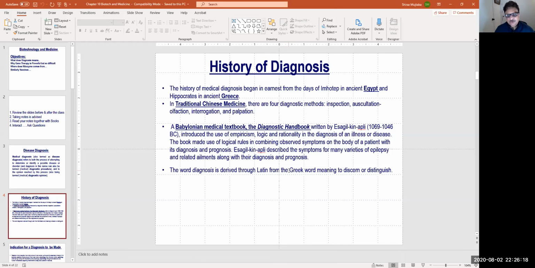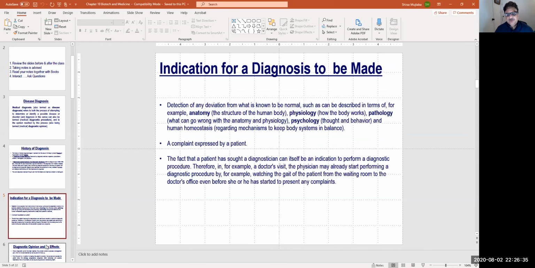They could treat patients or a sick person by counting the pulse also. So it is not new, and it has evolved constantly in the light of technology. So diagnosis is the procedure to establish the cause of a disease.